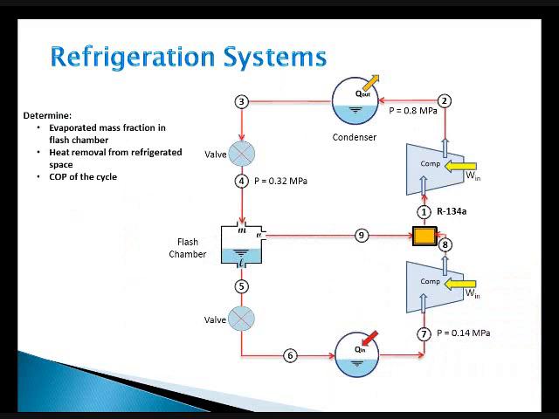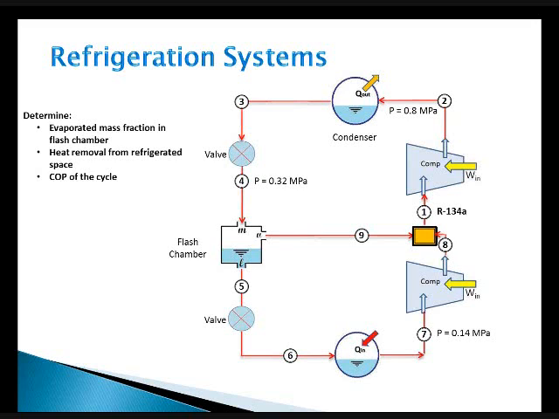Let's say we want to solve a two-stage refrigeration system with a high pressure and a low pressure compressor, and we have a condenser, and then a valve that gets the pressure down to a flash chamber. In the flash chamber, you extract the vapor out, and then the liquid goes down to the evaporator, and then you have a low pressure compressor.